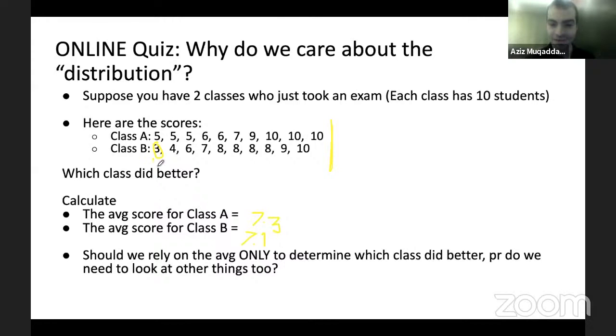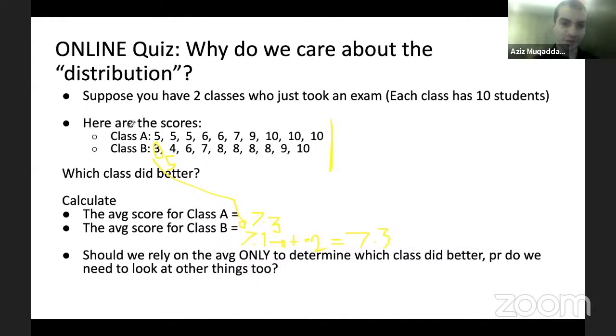So this person got 5. Okay, the average would be what? 7.1 plus 0.2. Just say it or type it. Yeah, okay. So it's 7.3.